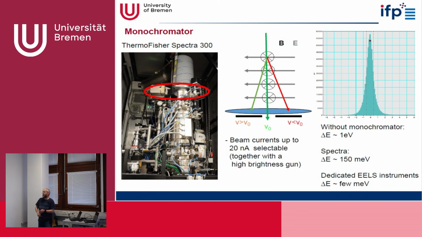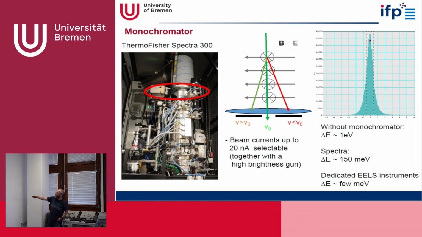The next device was a monochromator. I said that this is a thermal effect that helps the electrons to escape from the crystal, and therefore they have a finite energy distribution.